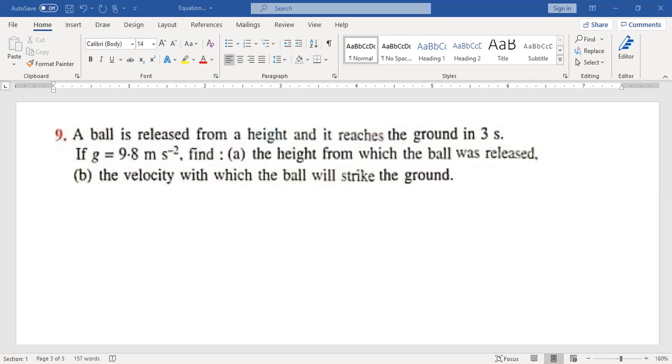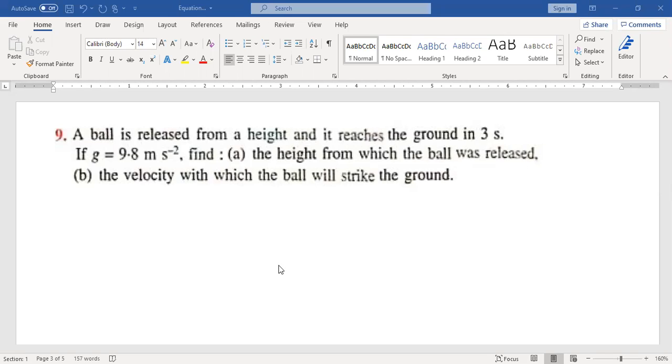So let us start with numerical number 9 given on page number 80 of your physics book titled Concise Physics by Selina Publications.